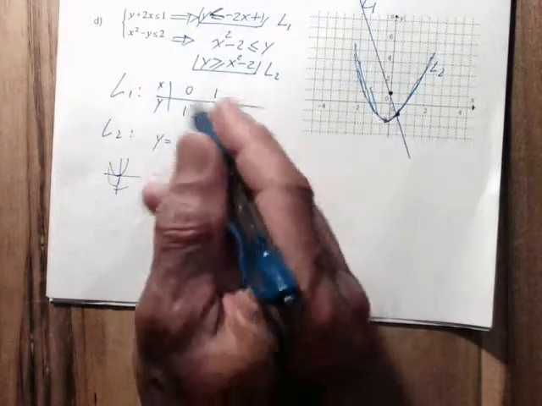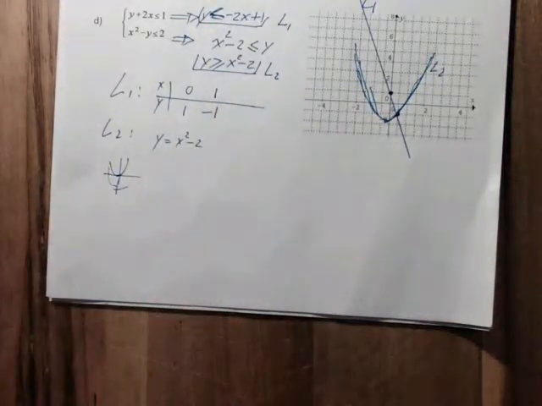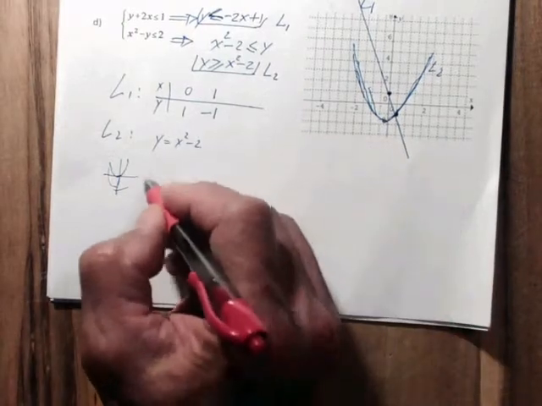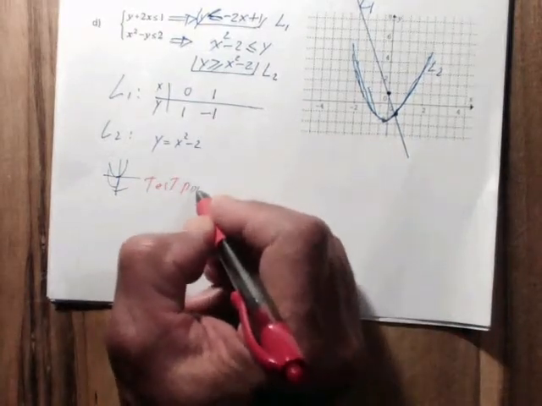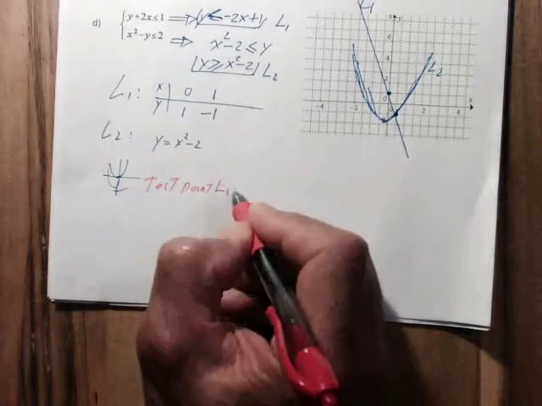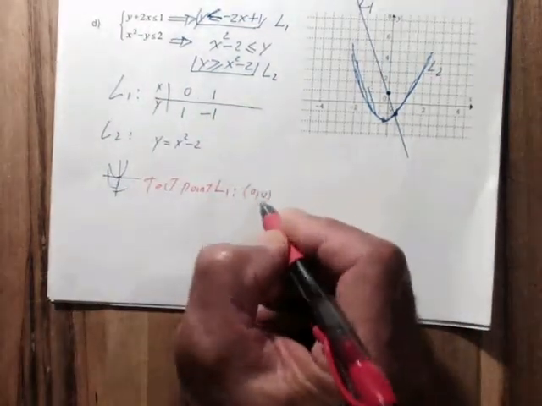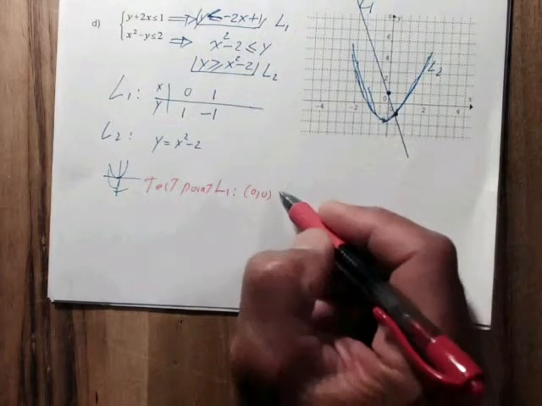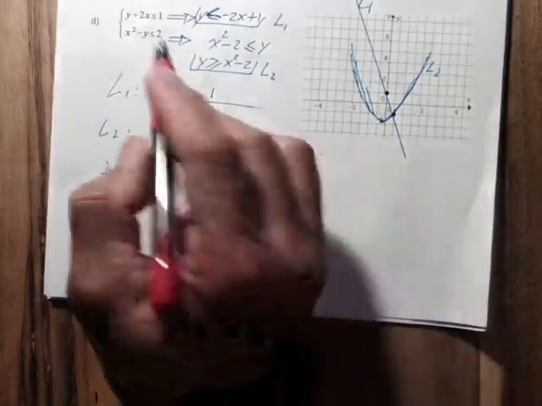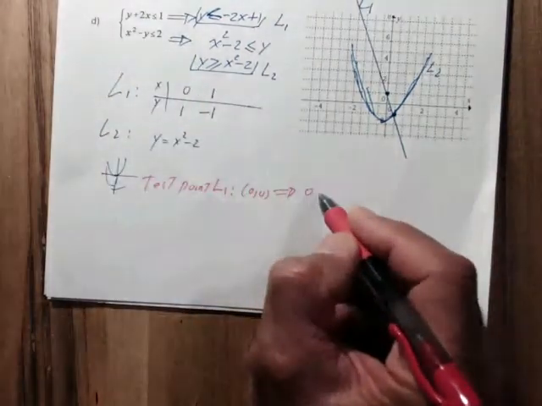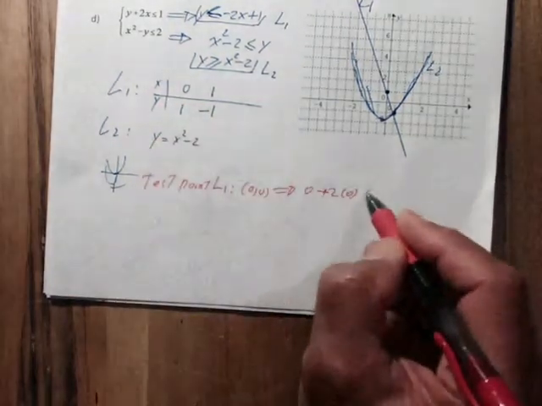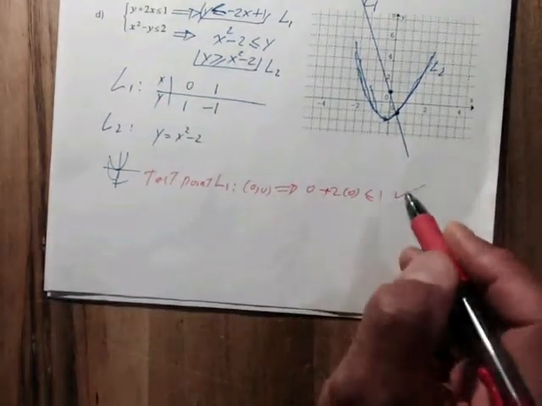Then test point for the first one, for L1. 0, 0 is right here. You see, it's on neither one of the curves. 0 plus 2 times 0 less than 1. Yes, it is.